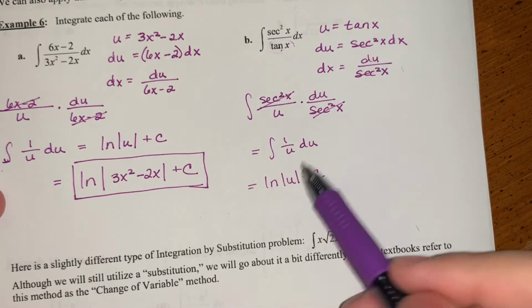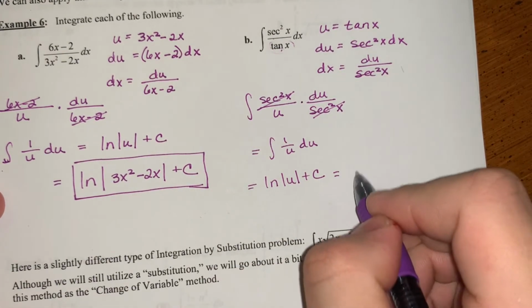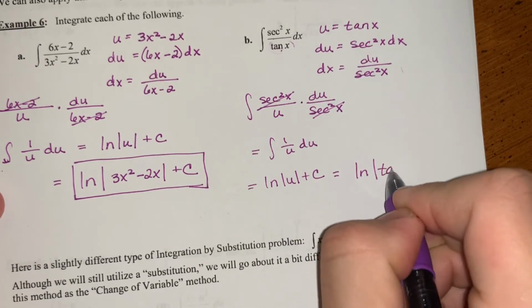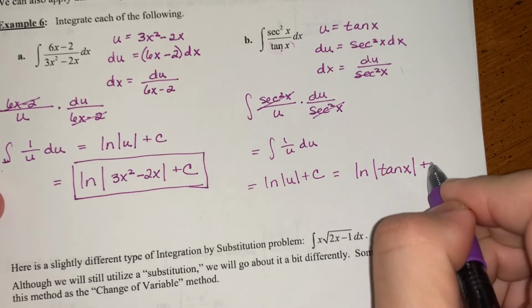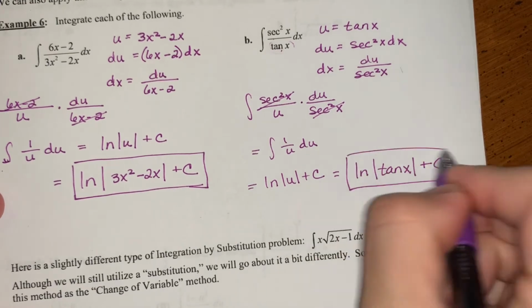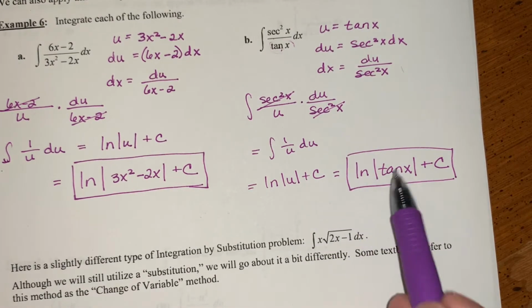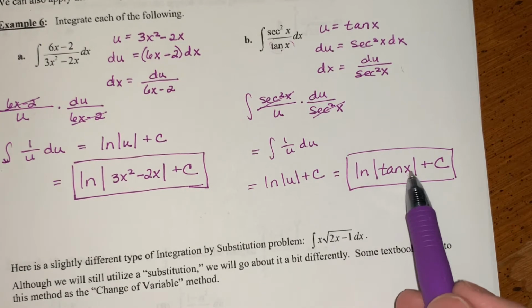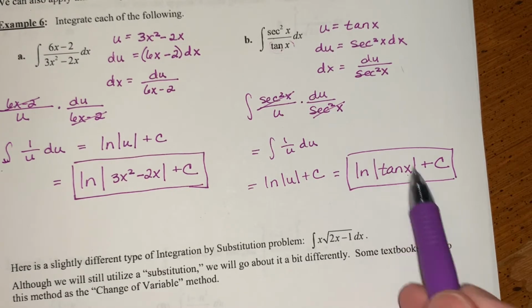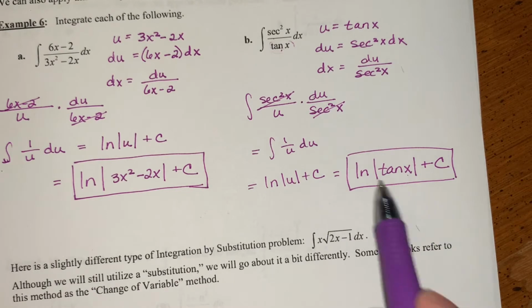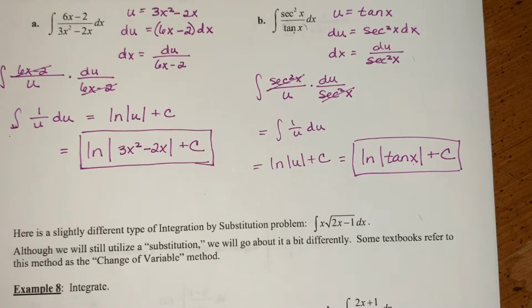Then I can plug this back in there and I get natural log of tangent of x plus c. Remember, the purpose of having an absolute value with the natural log is that we want to ensure that no matter what x value we get, the inside does not become negative, because we cannot take the natural log of a negative number.